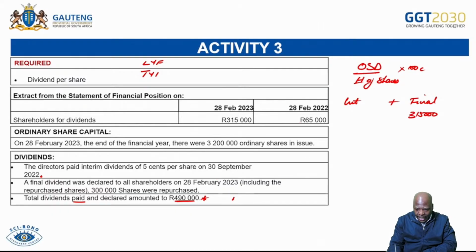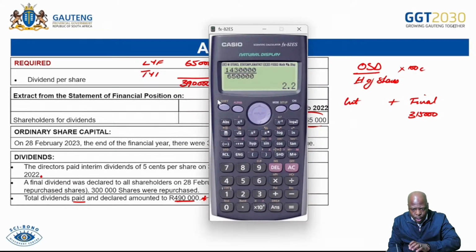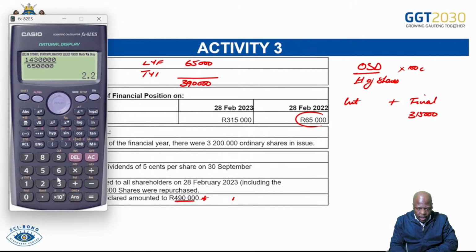So last year's final, we have it. How much is that? Last year's final is 65,000. So we get 390 here. How much is this year's interim? You would say your 390,000 minus 65, which is your last year's final.